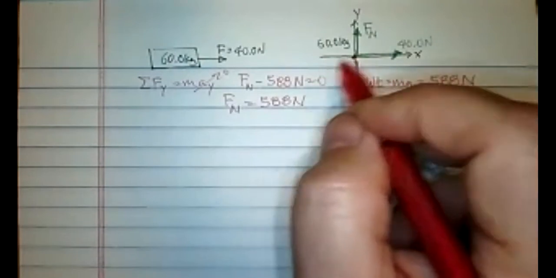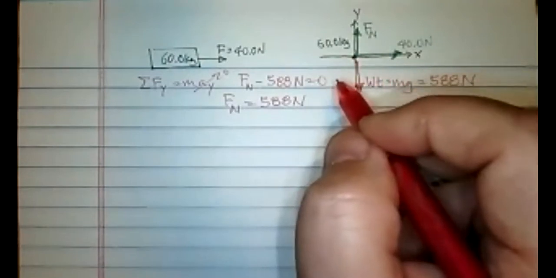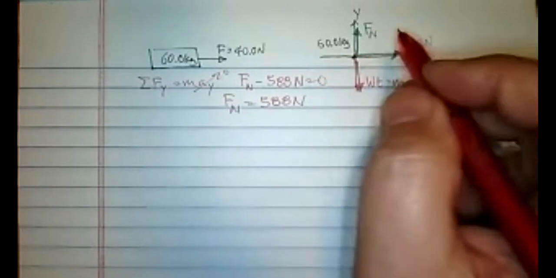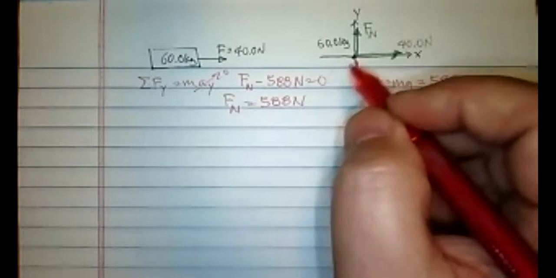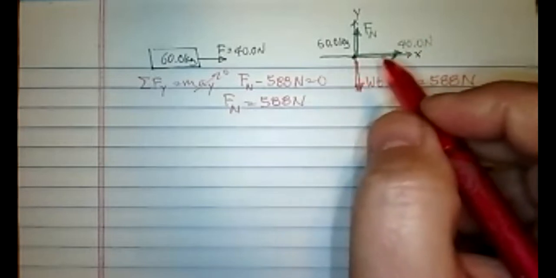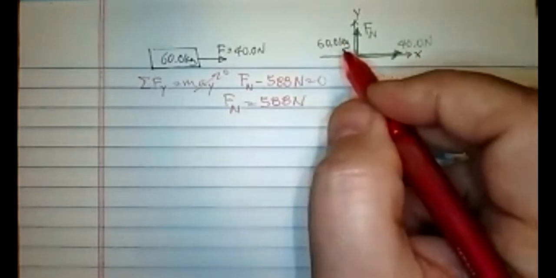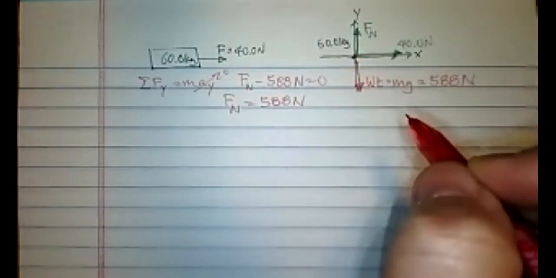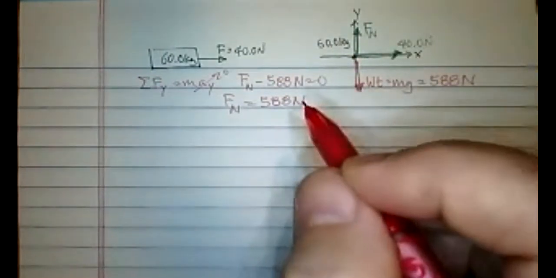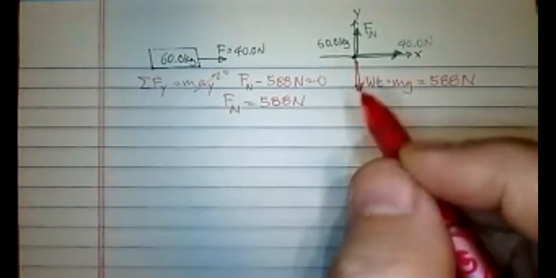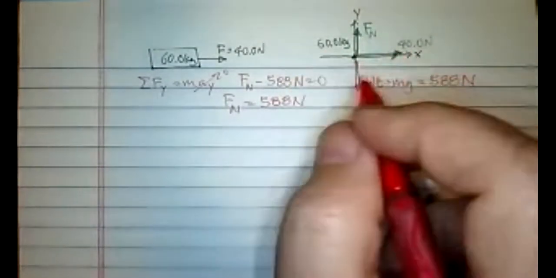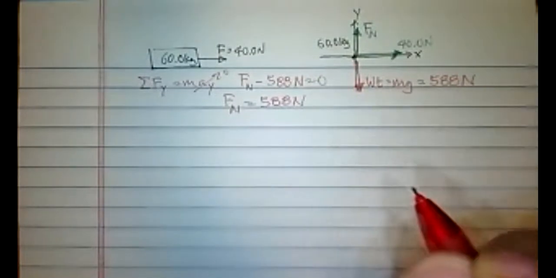If I had somebody pushing up on it, or pulling upward on it, that would alter the normal force. The pulling up and the pushing up would cause the normal force to decrease, whereas the pushing down would cause the normal force to increase. So as long as you don't have things pushing in the vertical direction against it, and as long as it's sitting on a horizontal plane, then the normal force would just be equal to the weight.